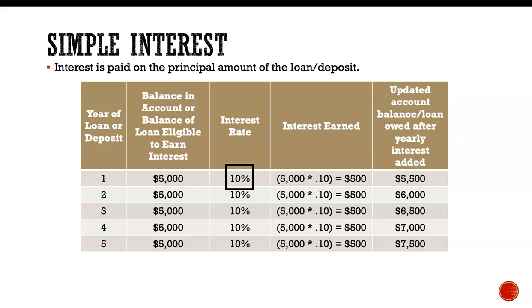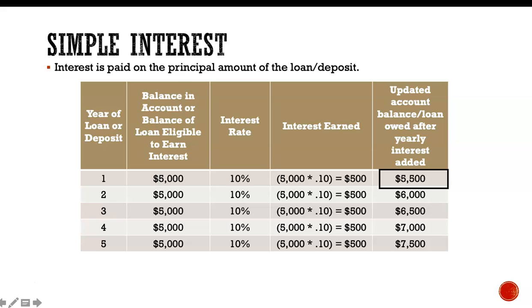So with a 10% interest rate, the amount of interest earned in year 1 is $500. You multiply the principal of $5,000 by 0.10, which is 10% converted to a decimal. The interest earned is then added back to the beginning balance for year 1 of $5,000 to give an updated account or loan balance.